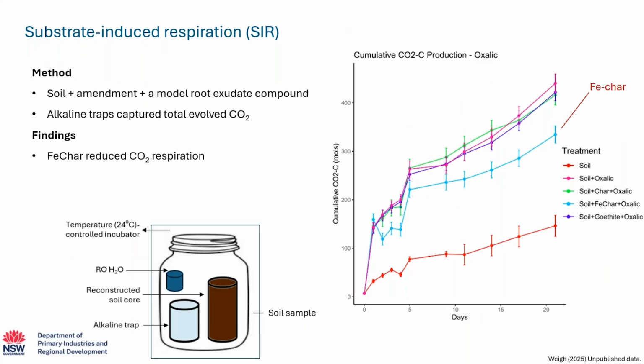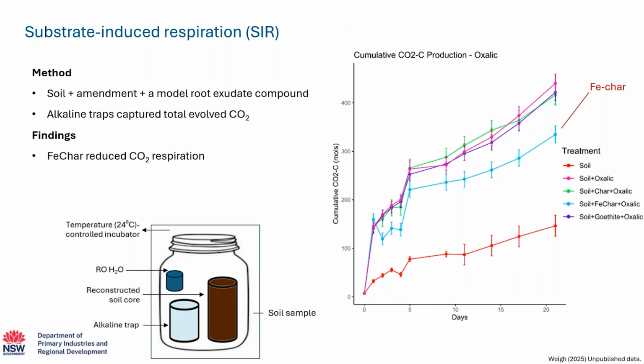Substrate-induced respiration measures microbial activity in response to new carbon soil additions. This technique tracks how carbon inputs are utilized or allocated by microbes. In this example, soils received biochar and 13C labeled oxalic acid, which is a common root exudate. Carbon dioxide evolution was captured and measured using alkaline traps, which were changed throughout the experiment.